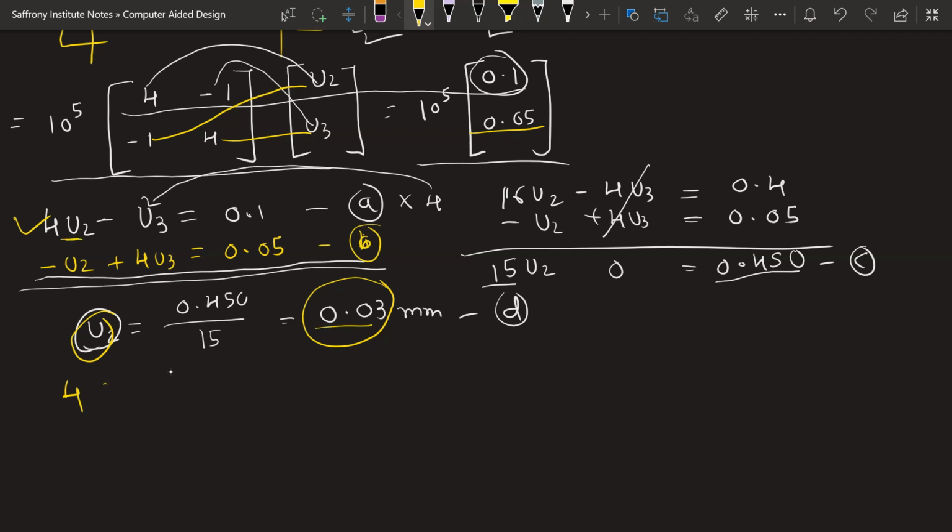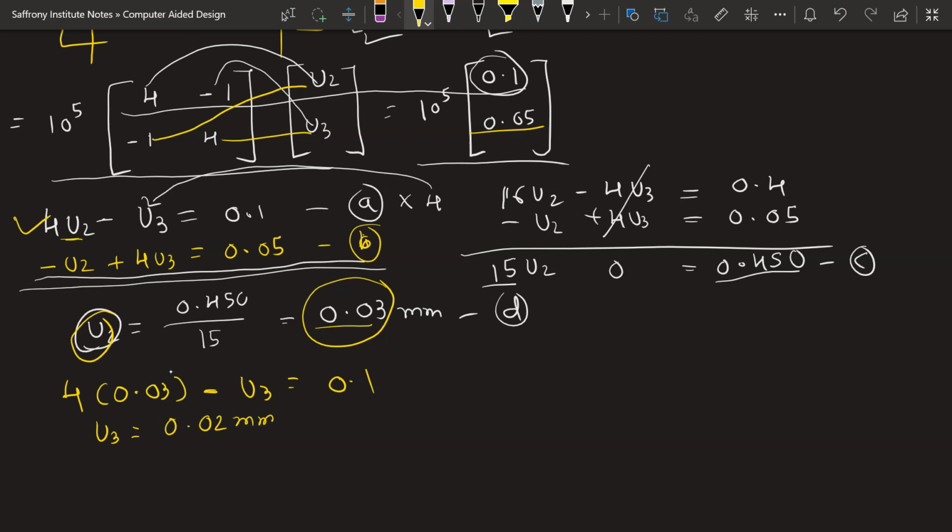u2 is 0.03, so 0.03 minus u3 is equal to 0.1. By simplifying, u3 will be 0.02 mm.